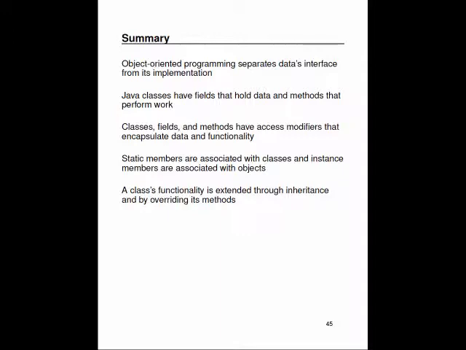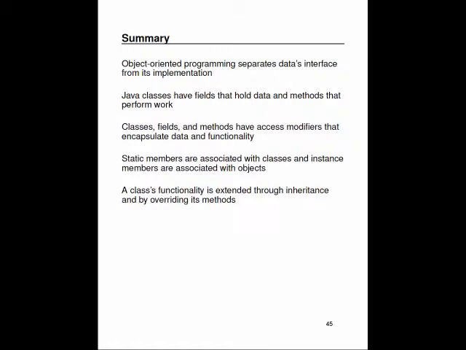Object orientation separates the data's interface, the what it does, from the how it does it, its implementation. Inside a Java class, there are fields that hold data and methods that perform work. And you can have access modifiers on these fields and methods and classes too that encapsulate data and functionality and protect it, preventing other classes from accessing it.